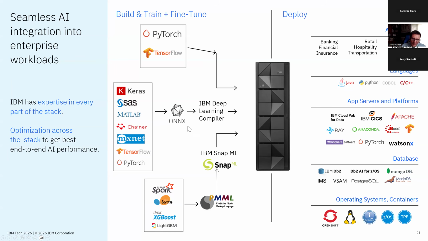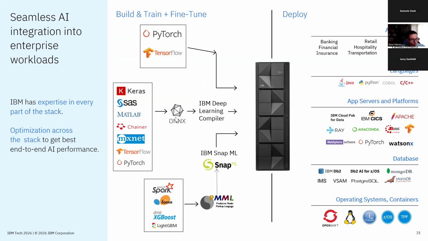Now, just to give you an idea, Open Neural Network Exchange is an open source standard. Do you know who some of the contributors are to this ONNX standard? This is not just IBM. This is NVIDIA. This is Facebook. This is Oracle. This is Microsoft. This is AWS, and more.